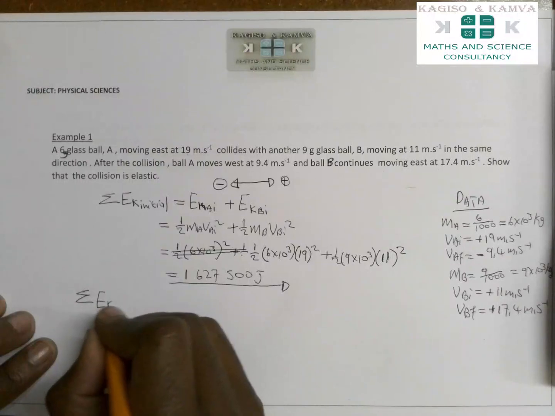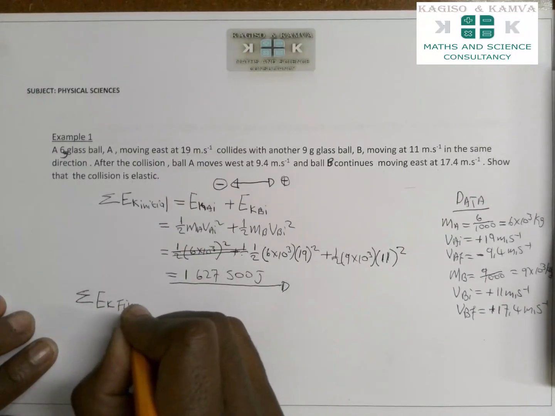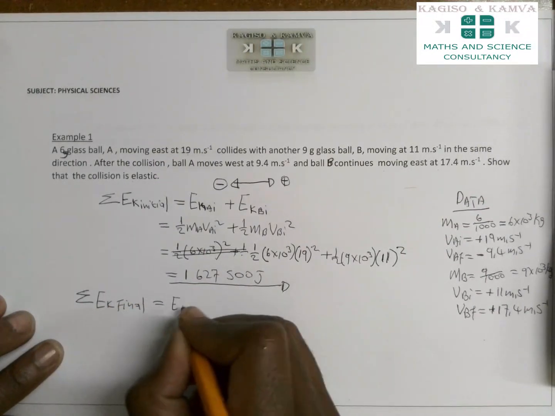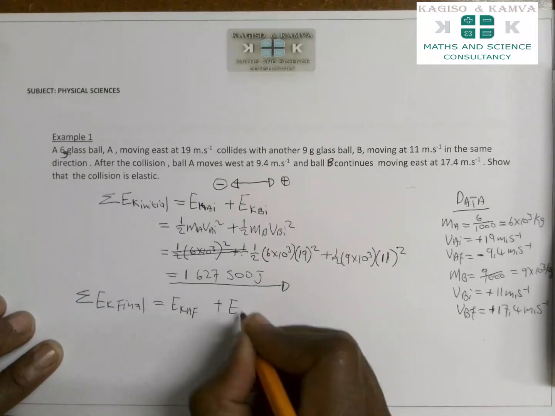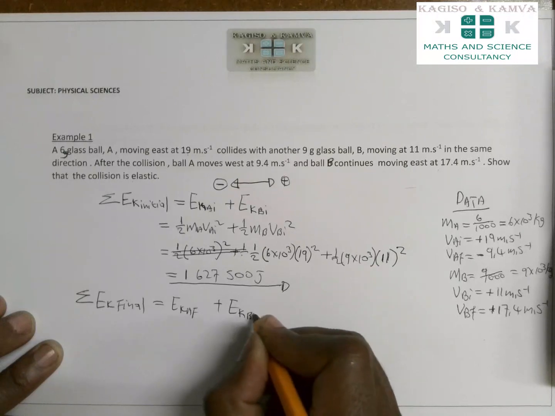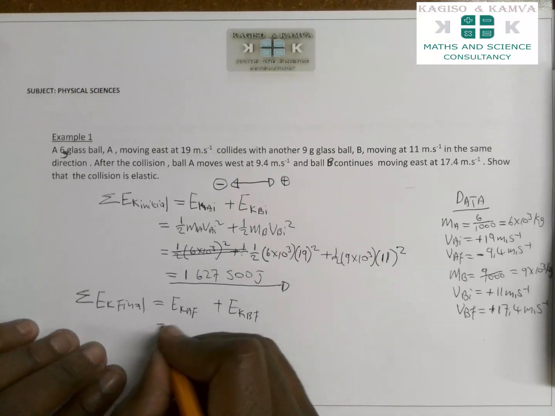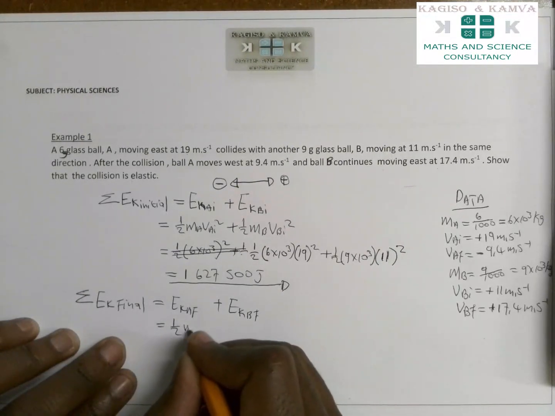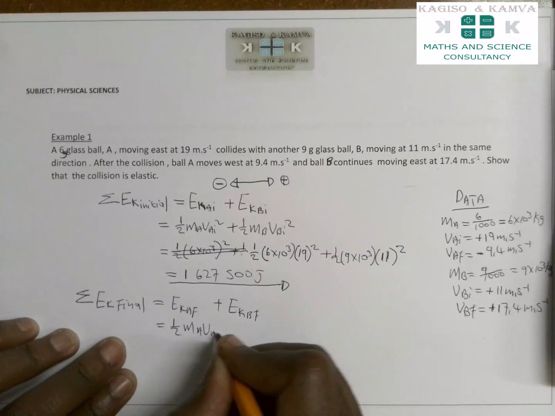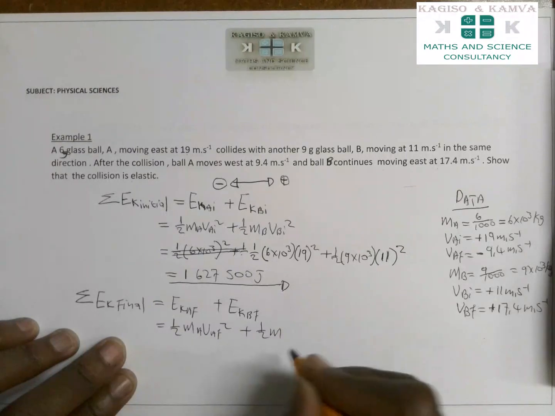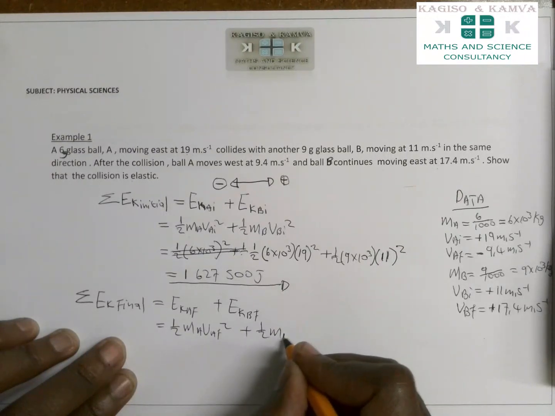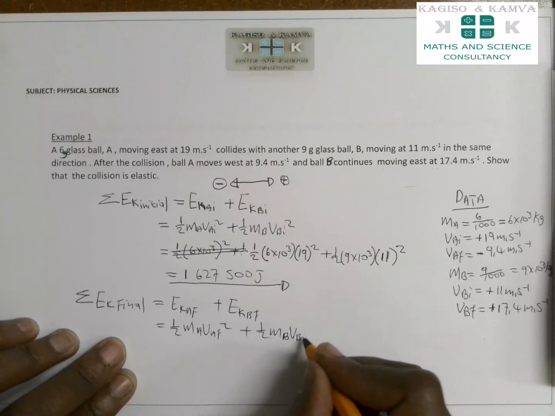Okay, so we come to find the sum of EK final. That will be EK A final plus the kinetic energy of B final. This is half MA VAF squared plus half MB VBF squared.